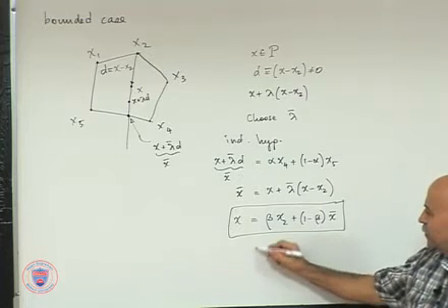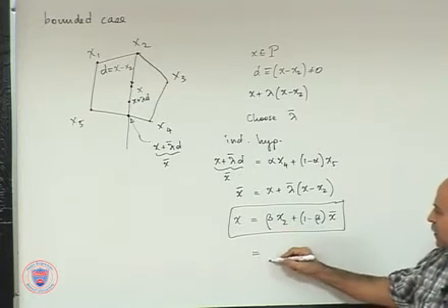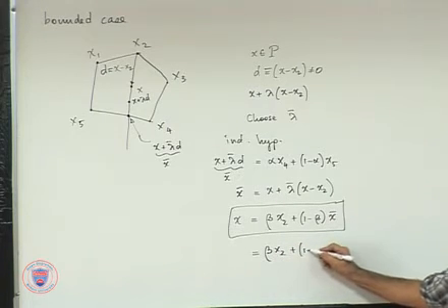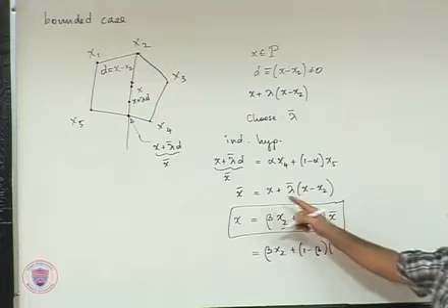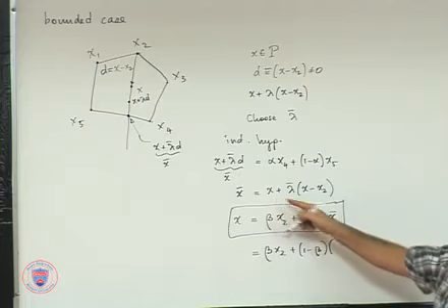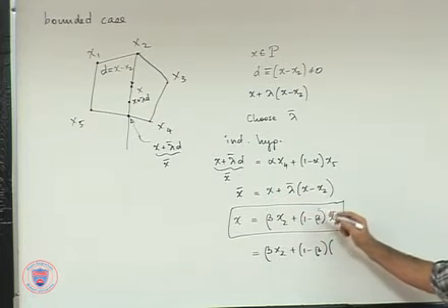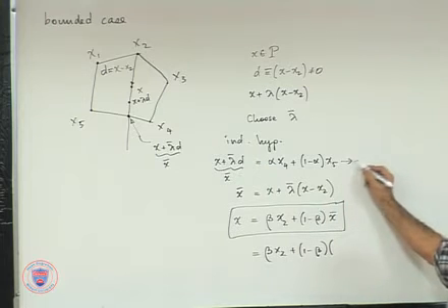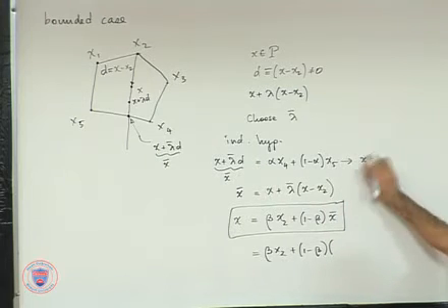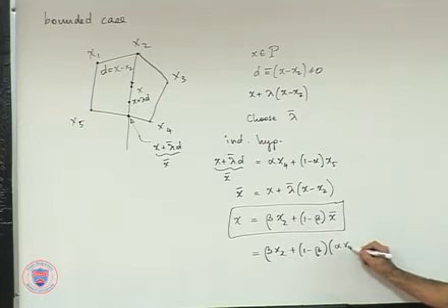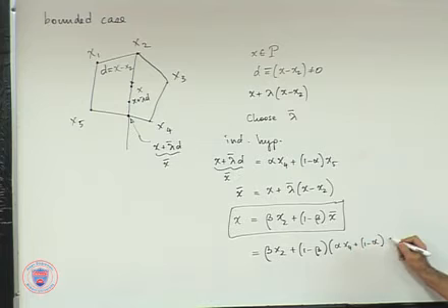And of course, continuing from the boxed expression here, this gives you 1 minus beta times x bar, which, what is x bar here? Just a second, I better use this information here. From here, x bar is equal to alpha x4 plus 1 minus alpha x5, right?